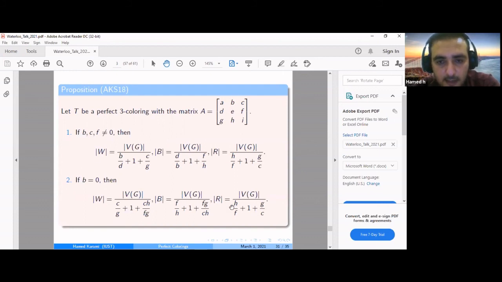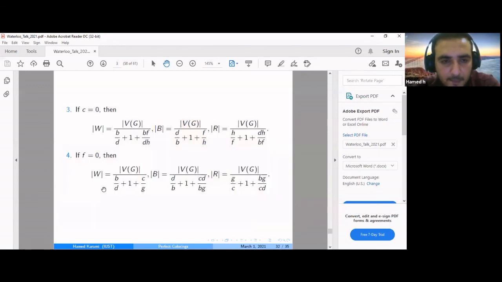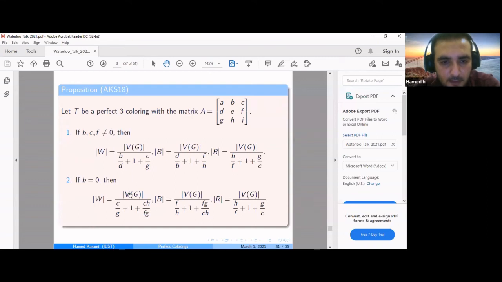We can count the white, black, and red vertices. Then if C is equal to 0, and if F is equal to 0. For example, you can see here that if B is equal to 0, this one cannot be defined, and we put FG over CH instead of D over B.